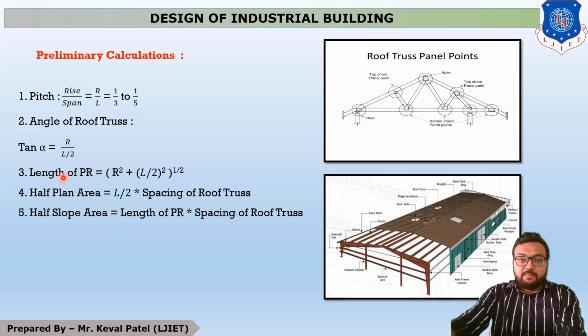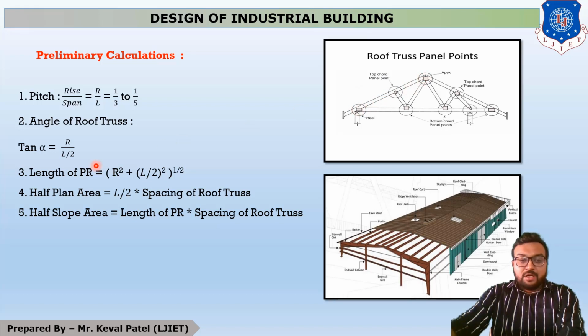Then our third item is the length of PR. PR means principal rafter. It was discussed in the last lecture that this is our principal rafter. So what is this length? We have to find out this length with the help of Pythagoras.